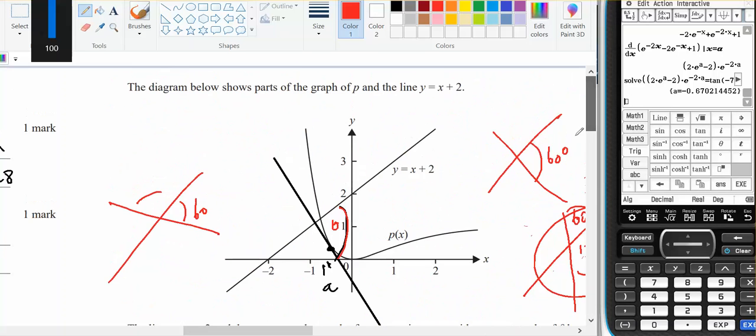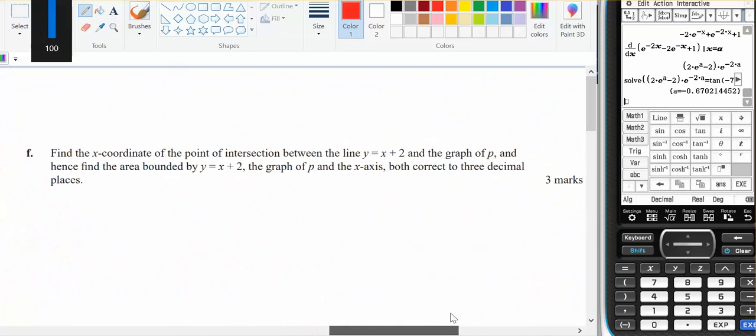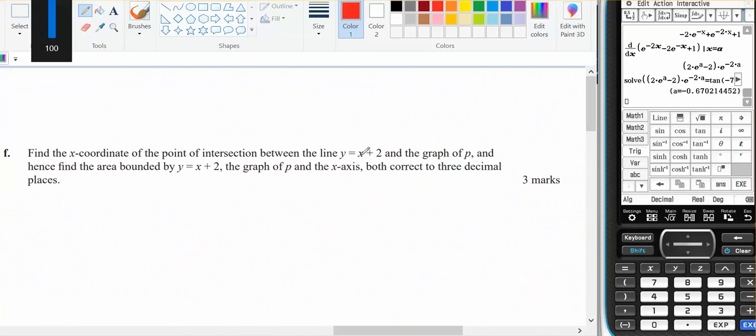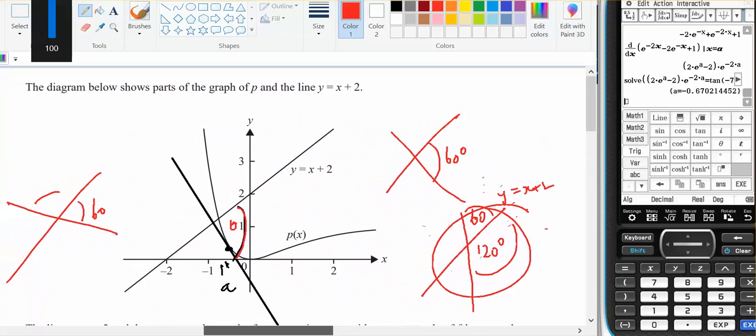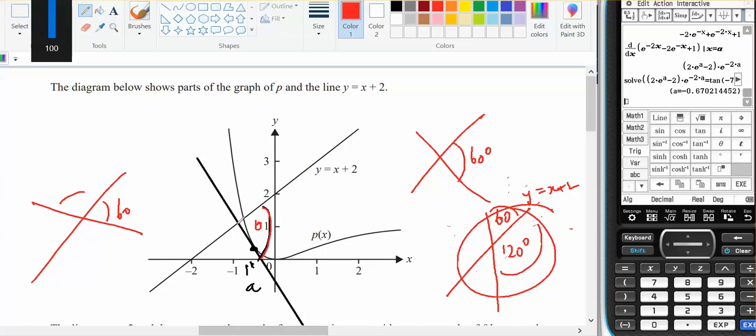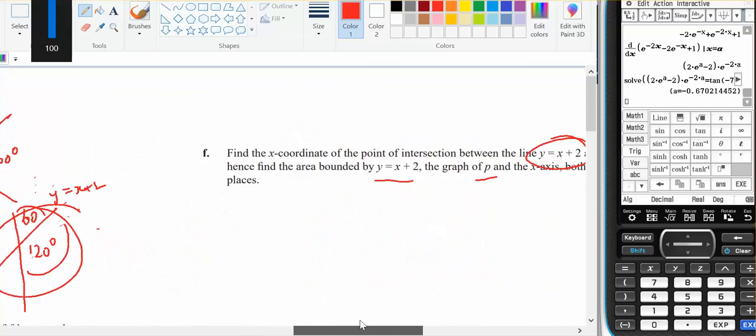And now looking at the last bit of the question, what's the last bit of the question ask? Find the x-coordinate of the point of intersection between this line and the graph of P, and hence find the area bound by this, the graph of P, and the x-axis. So I'm looking for P, that line, and the x-axis.